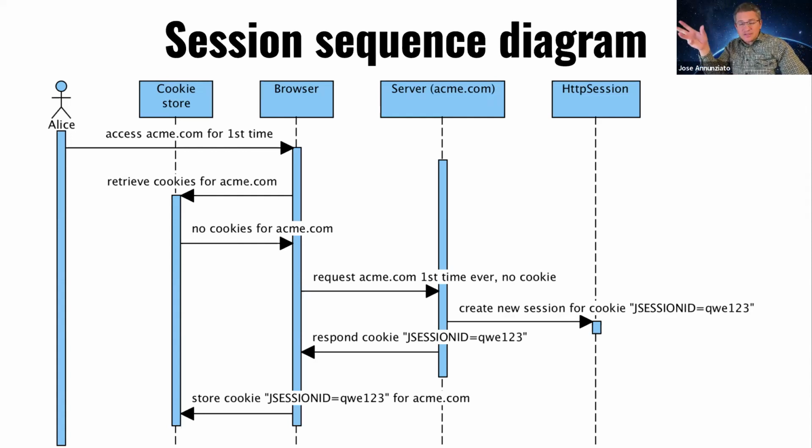So what the browser does when you say acme.com is first check to see if there are any cookies for acme.com. It has a database stored in the file system that uses the domain as the key, and the values are the cookies for that domain. So it searches: are there any cookies for acme.com? No, sorry, I don't have any cookies.